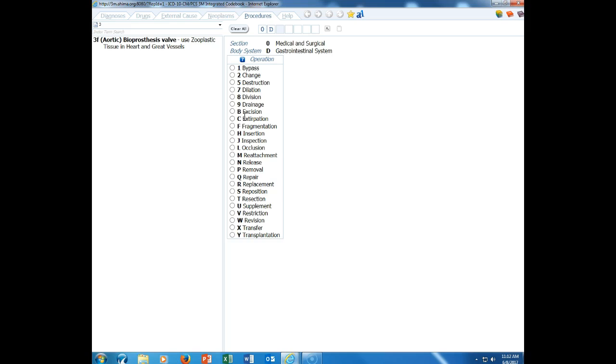And then F is a natural or artificial opening with percutaneous endoscopic assistance. So if you look at F on page 103, this is an example of a laparoscopic assisted vaginal hysterectomy.